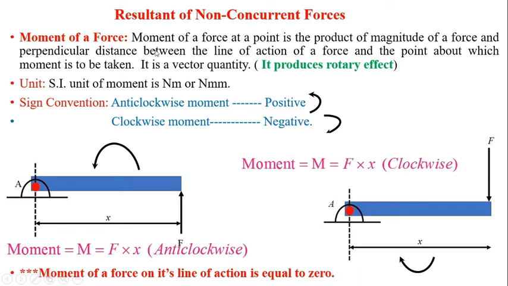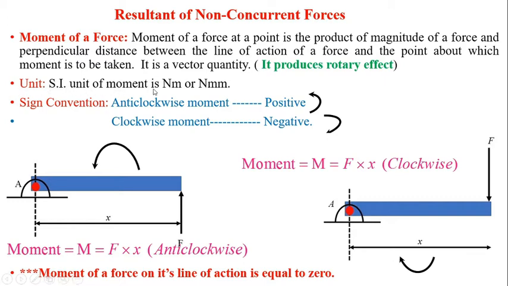So, moment of a force in short is nothing but the product of the magnitude of that force and the perpendicular distance between the line of action of the force and the point about which we are taking moment. Moment produces rotary effect, which means when you apply a moment on a body, the body starts rotating about a point, and it is a vector quantity, similar to a force.